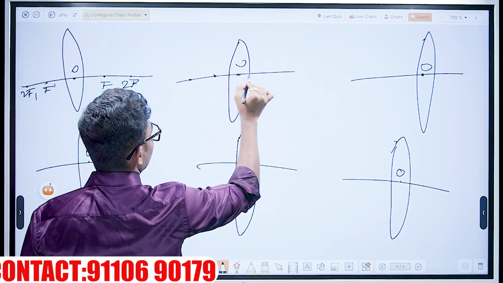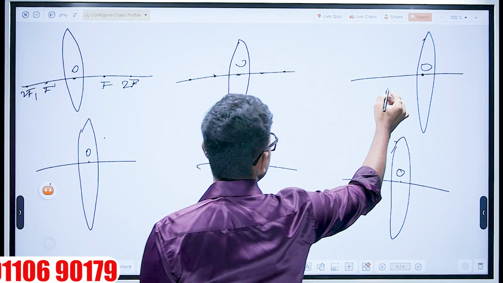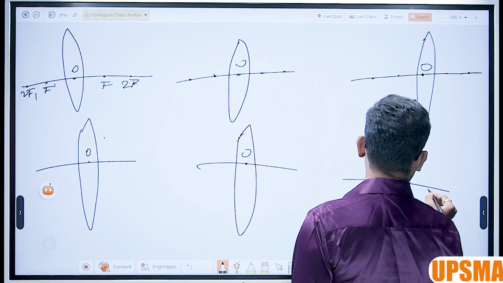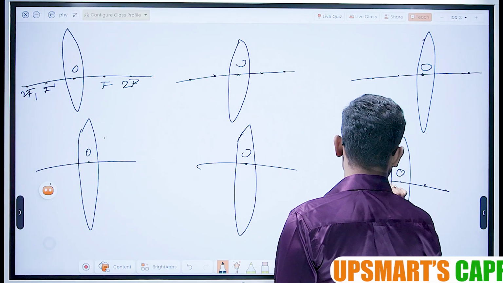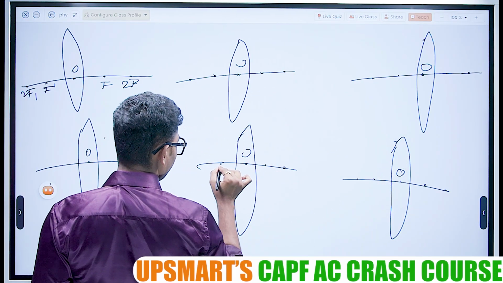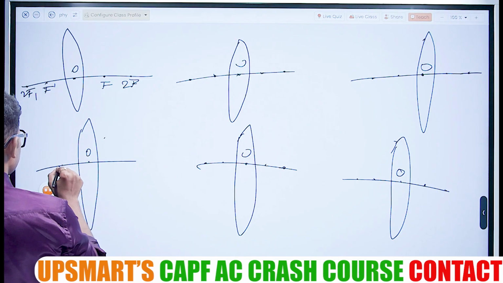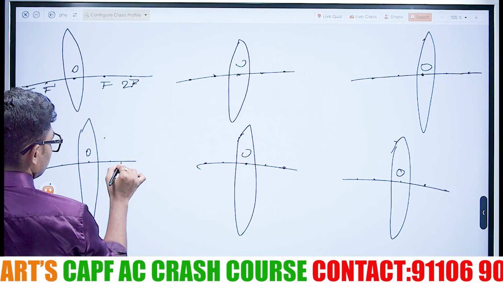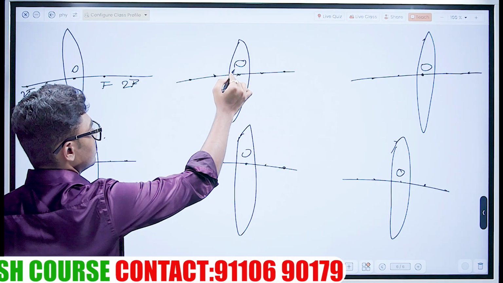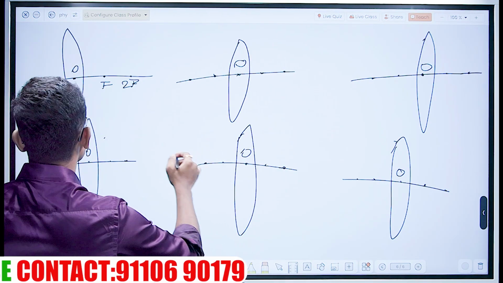Same follows for everything. I'm not going to write for everything, but the same convention follows. They are equidistant, both the points. So we'll go through all the cases now.